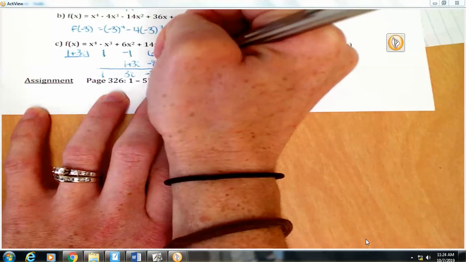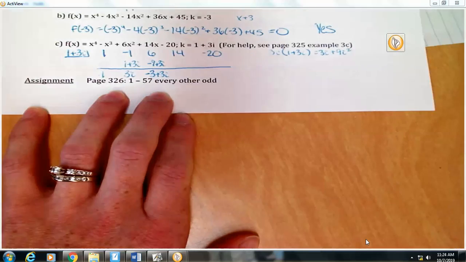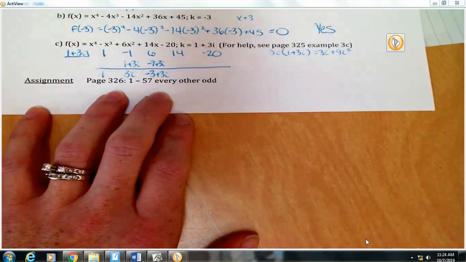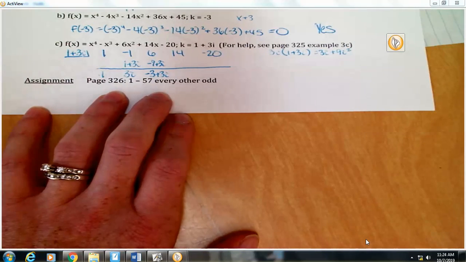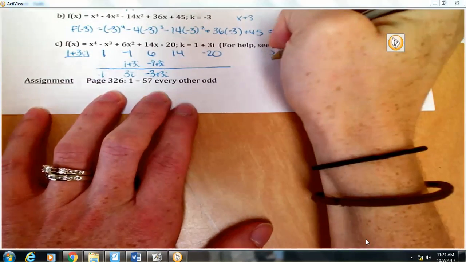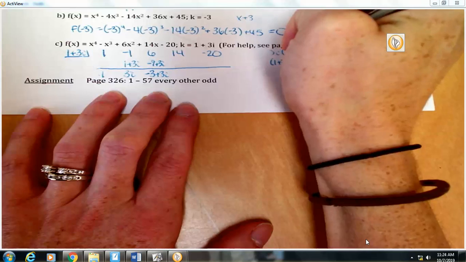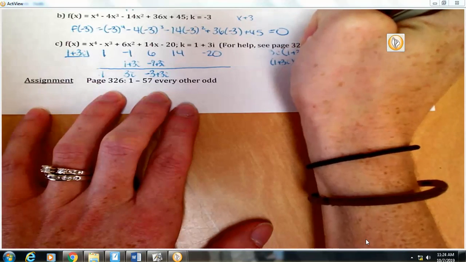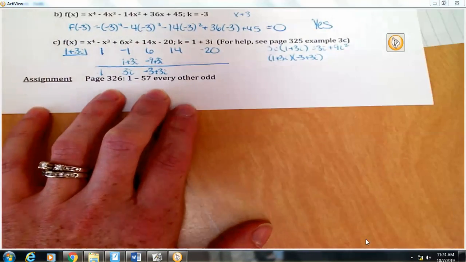Add like terms, and that gives me negative 3 plus 3i. What do we have to do now? Multiply. I have to take 1 plus 3i times negative 3 plus 3i.